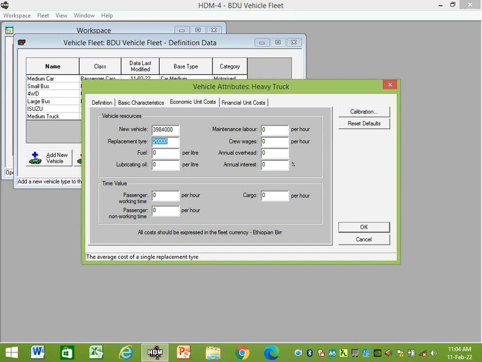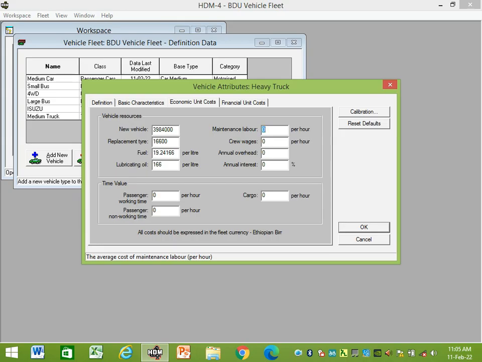3,984,000. Tire 16,600. Fuel 19.24, lubricating oil 166 economic.